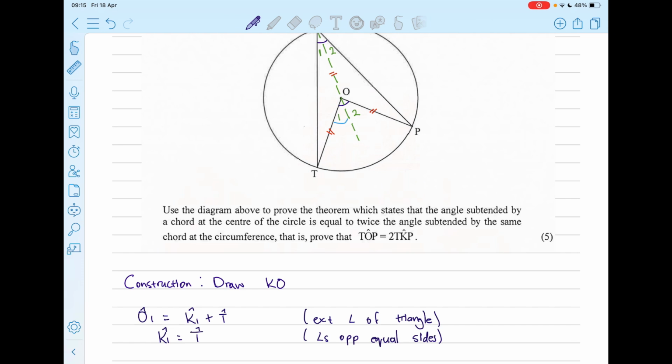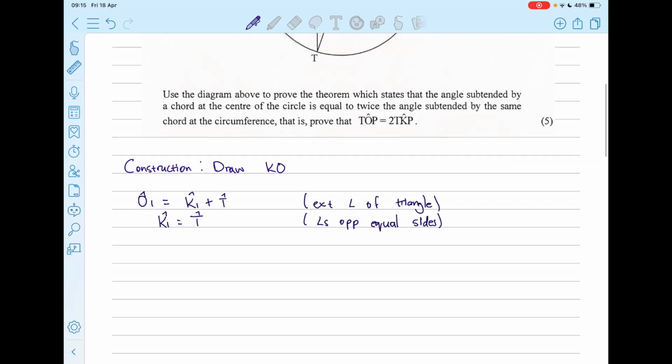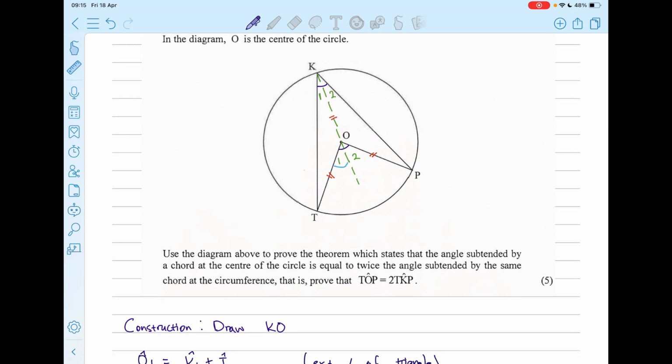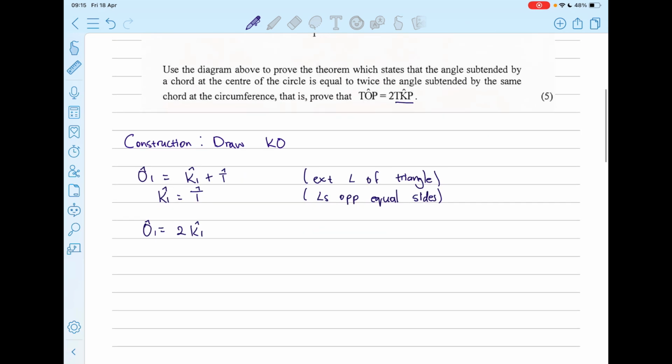Some people also say base angles of an isosceles triangle are equal. So because of this, that means that O1 will therefore be equal to twice the angle at K1. So we'd rather want to use K1 because remember in our proof we want to prove TKP. So that's why we are going with K1. All right, so that portion is done.